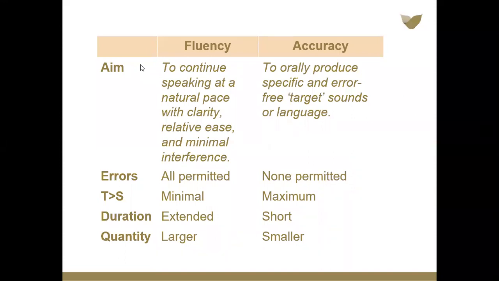And when it comes to accuracy, yes, the teacher may have to intervene to correct, so teacher interaction goes up a little over here. And accuracy exercises can be for 5 to 10 minutes. So the teacher won't really have to intervene each and every time.